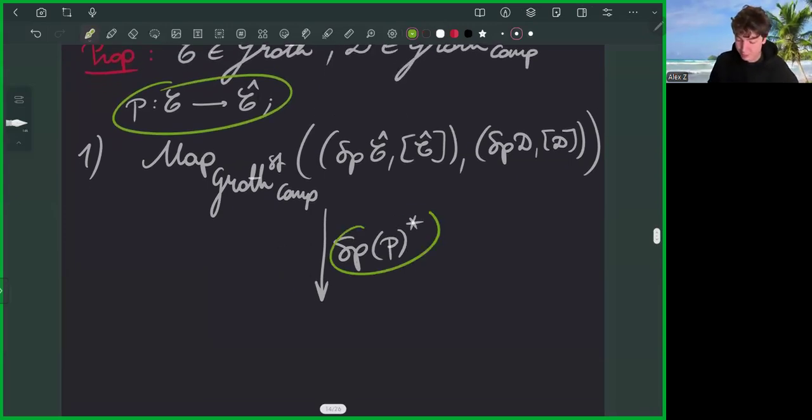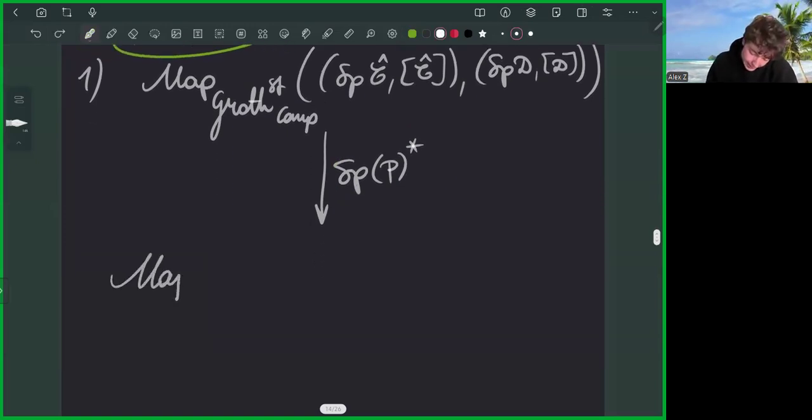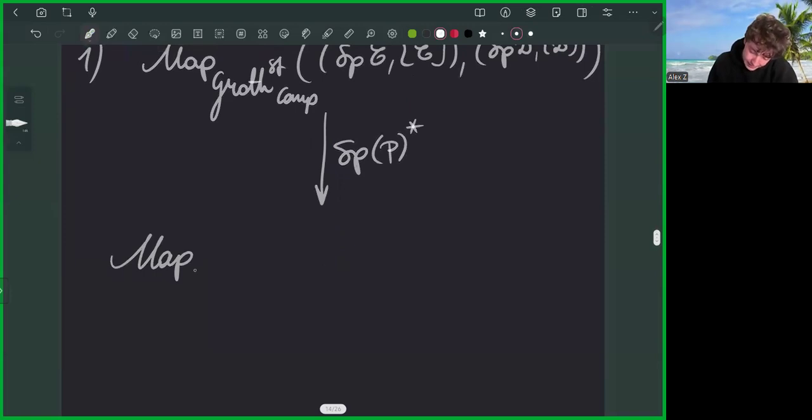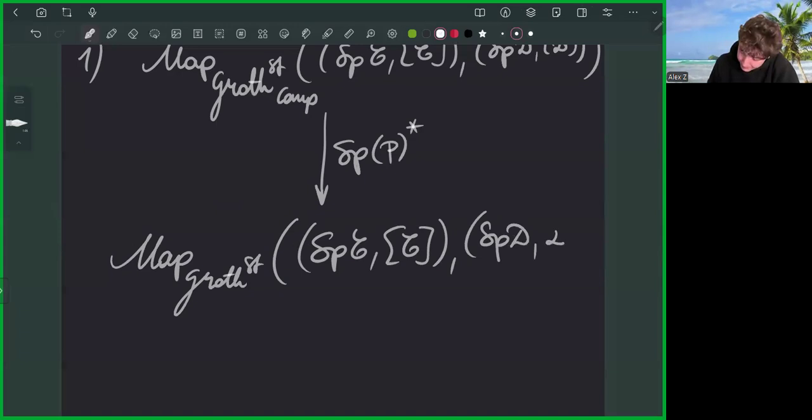We do SP of P, and then we precompose. And where do we land? We land at maps in Groth ST, from SP C to SP D, and then the equivalence class on D.